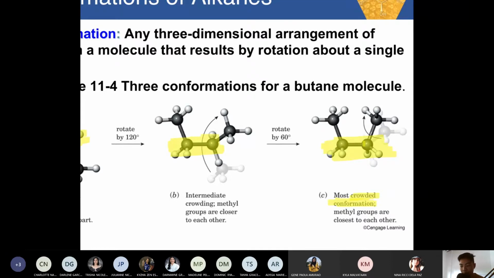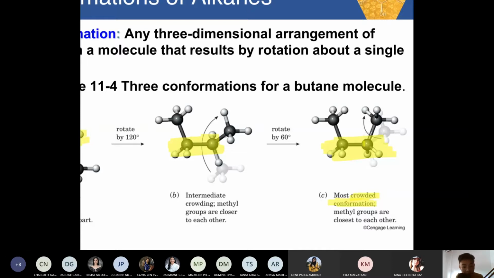So, ano meaning kapag crowded? Kapag crowded yung ating structure, that means your electrons are repulsing. Kasi ano meron sa mga atoms na yan, 'di ba? Electrons 'yan. Pag pinagtabi-tabi mo yung electrons, there will be repulsion.